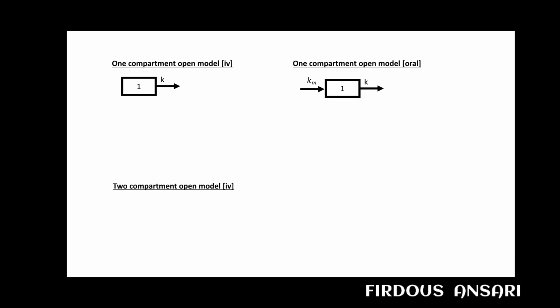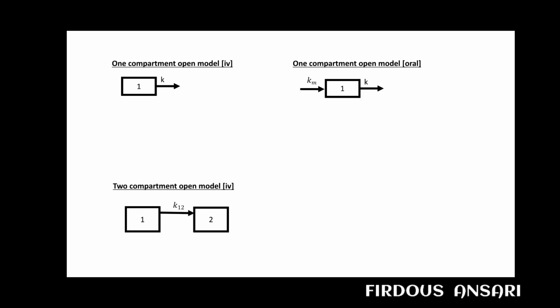Similarly, if we consider a two compartment open model where the drug is consumed via intravenous route, then this is compartment number 1, and this is compartment number 2. Since the drug is given via intravenous route, there is no requirement of calculating the absorption rate constant. Now from the first compartment the drug will move to the second compartment, and the rate constant over here will be K12.